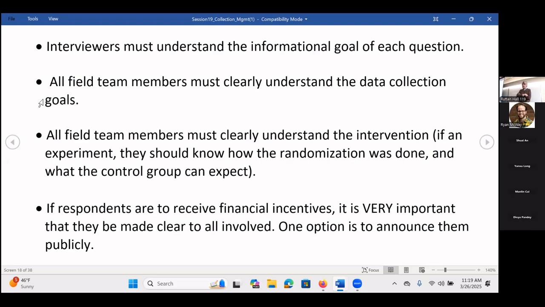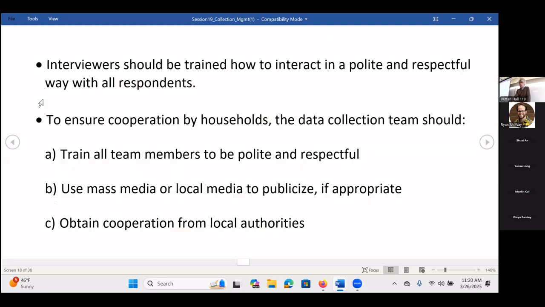So this is a big thing, but people need to be clear about whether they are getting something or not. Sometimes people will ask you, hey, do I get something or not? The interviewers need to know whether they are going to be giving something. This is a big question that's country specific, whether you can do it or not. There are pros and cons of this sort of thing.